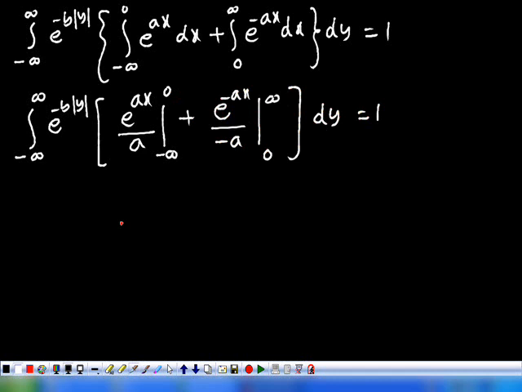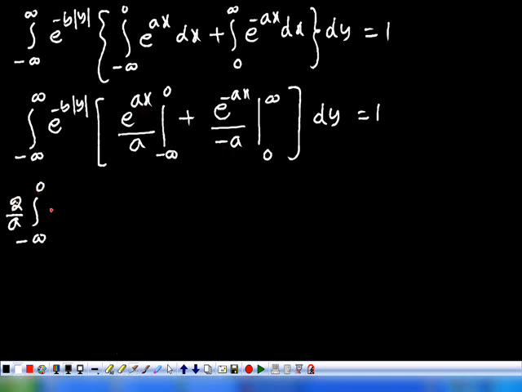So tell the final value. Split this integral into two integrals, minus infinity to 0 and 0 to infinity. For minus infinity this becomes 1 by a, and if you substitute the upper limit, you get 0, plus of minus, plus 1 by a, plus 1 by a, 2 by a. So that 2 by a can be taken out, is it?